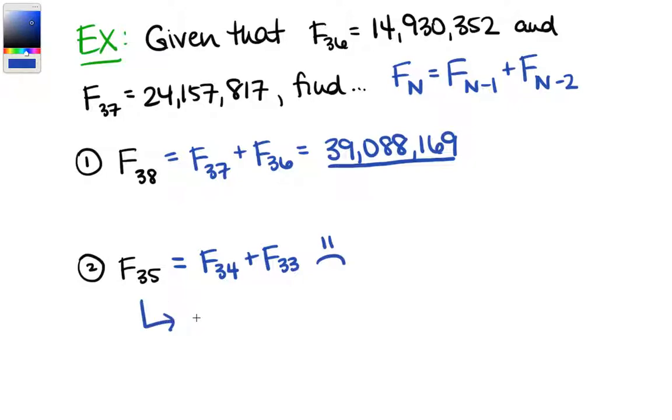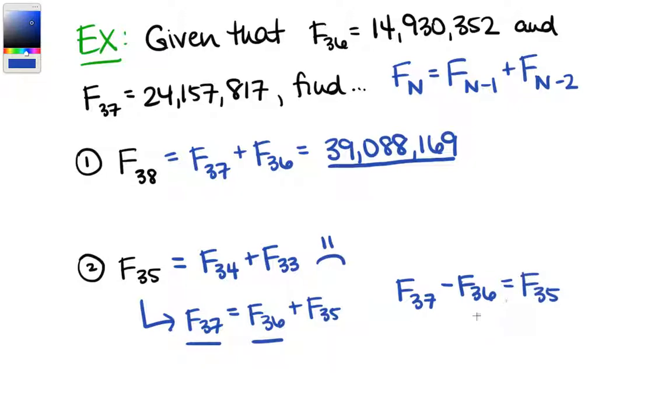Well, we want something involving 35, 36, and 37. We could view that as, to get the 37th one, we add F36 and F35. And we know F37 and F36. So what we can do here, F37 minus F36 is going to give us F35.